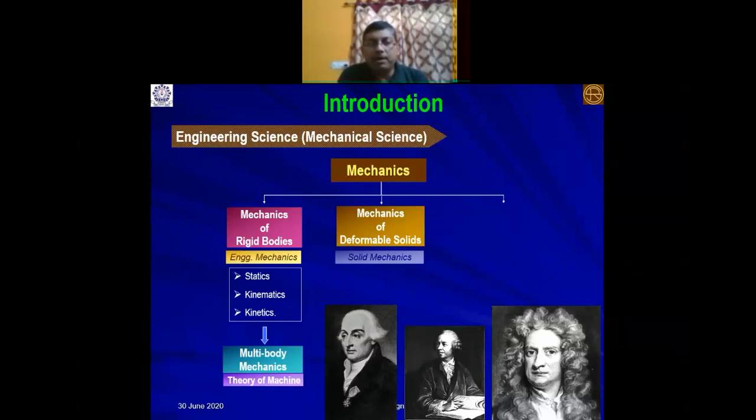If you compare, you can find out the safe dimension, or you can check whether whatever dimension, shape and size you have chosen is the safe one, through this internal effect analysis, that means stress analysis. So the output of kinetics is the input for solid mechanics.